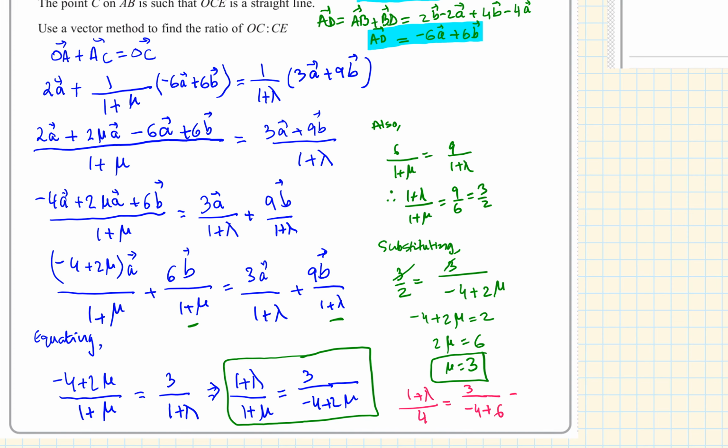So that implies 1 plus lambda over 4 equals 3 over 2.